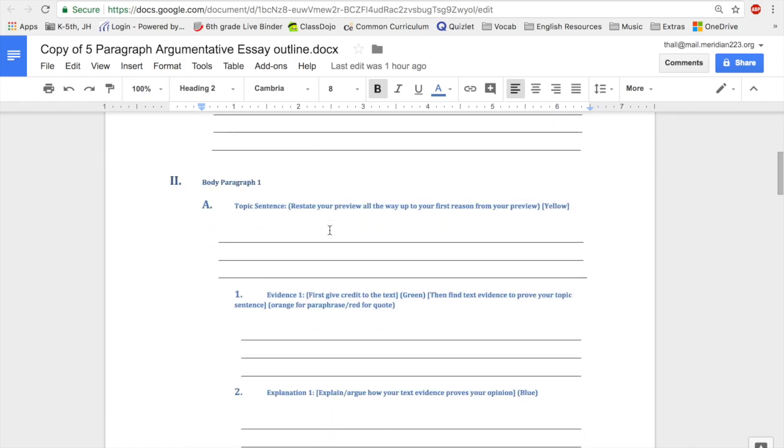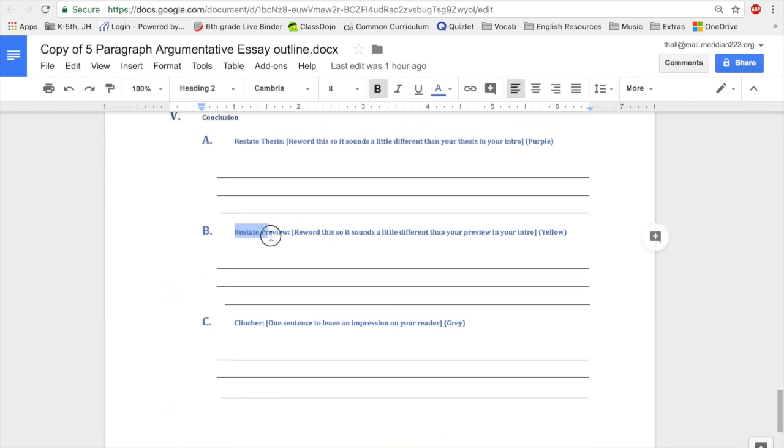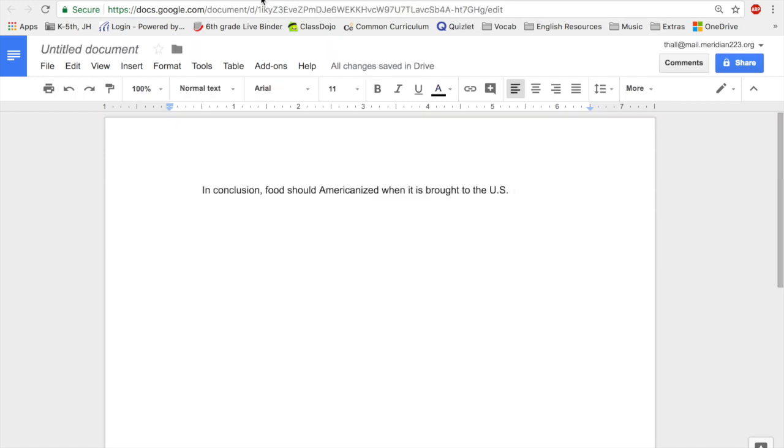If we take a look at our outline, our next job is to restate the preview. And again, this is simply restating what you had for your preview in your introduction paragraph. Eventually, we should get to the point where we reword the thesis and preview a little bit so it doesn't bore our readers. At this point, I'm happy if you just restate the same preview, but eventually we want to reword it.